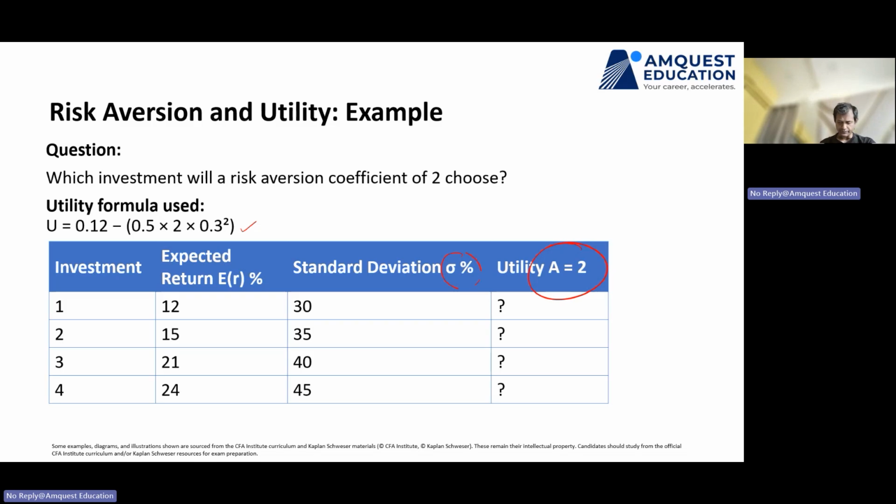Remember, guys, this will be squared because standard deviation is the risk, but variance is the square of the standard deviation. Okay, and obviously expected return is 12. Now remember, these figures are percentages, right? So you'll need to take 0.3, okay, 0.35, and this will be 0.12. Okay, now if A is equal to 2, right?